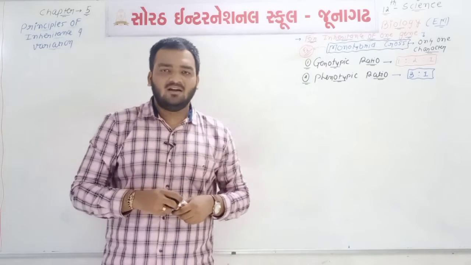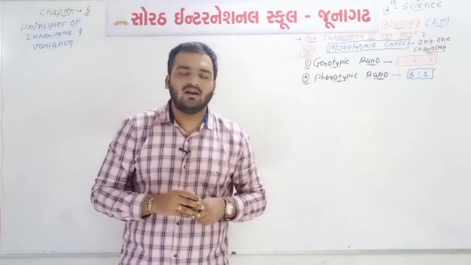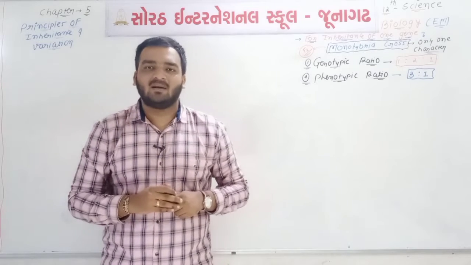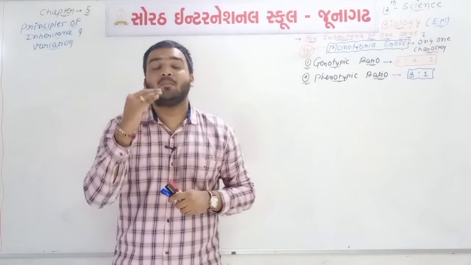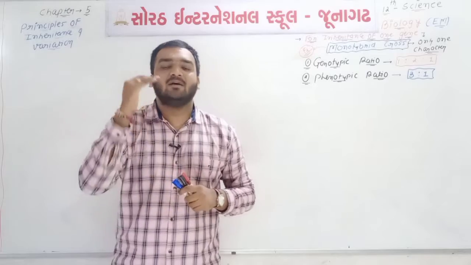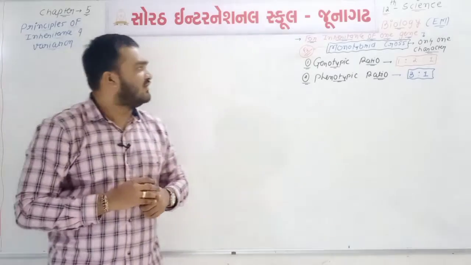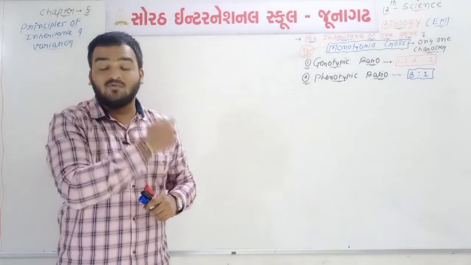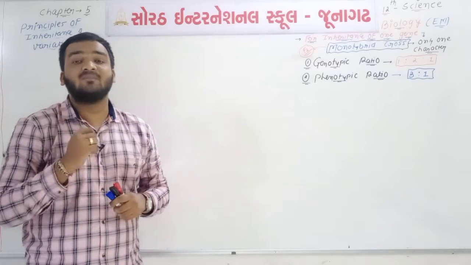It means 75% tall and 25% dwarf plants. It means 3/4 tall and 1/4 dwarf plants. So it's all about the result, and with the help of this result we are able to do some examples also.